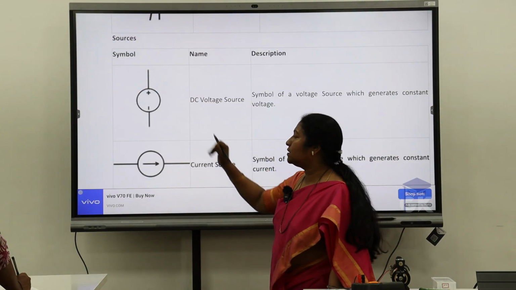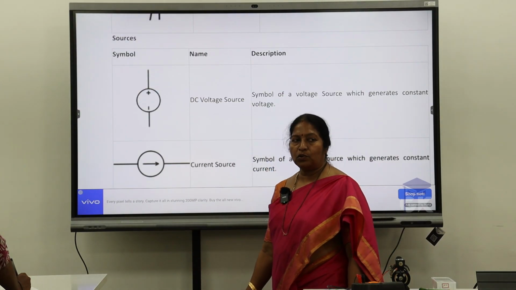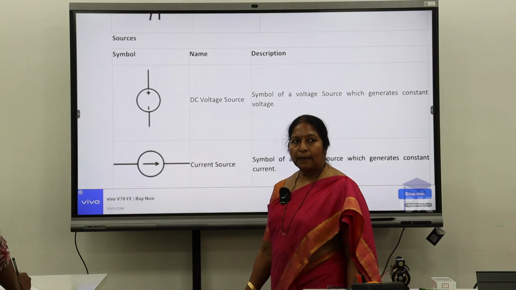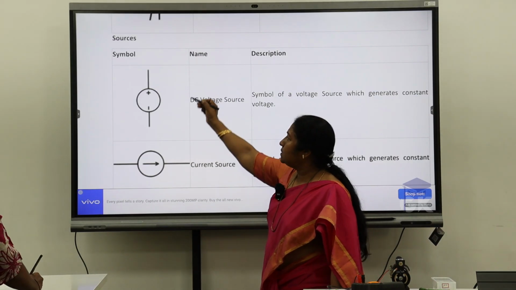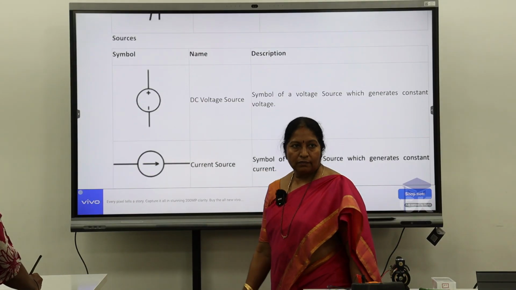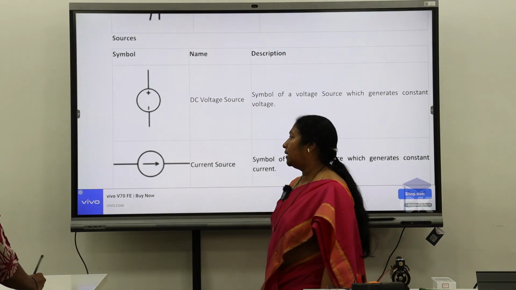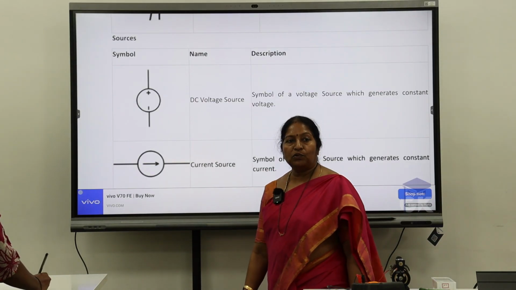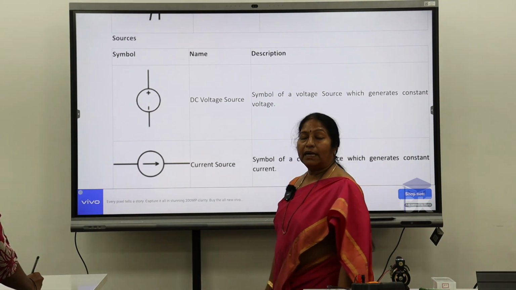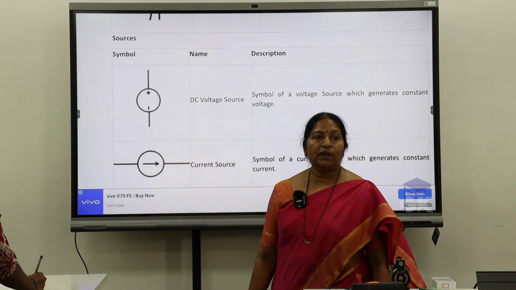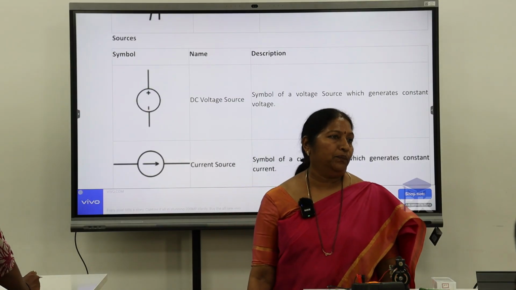So according to this, how does the current flow in this DC source? Positive to negative, so from here to here. That is how we consider it. Current always flows from higher to lower potential. That is the conventional direction of current flow.